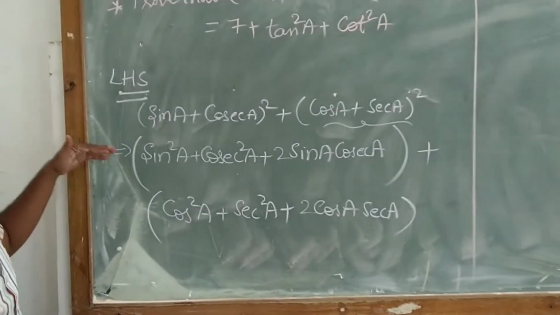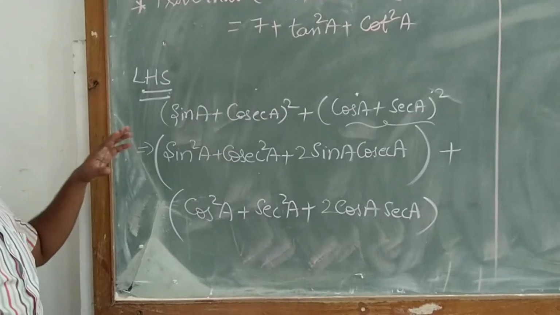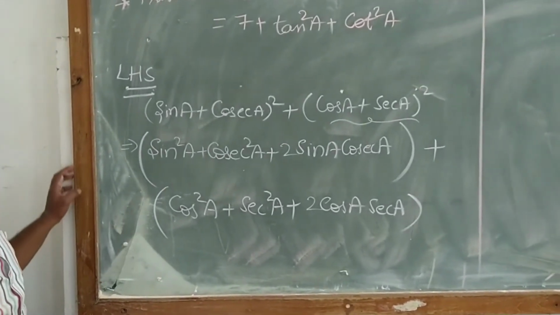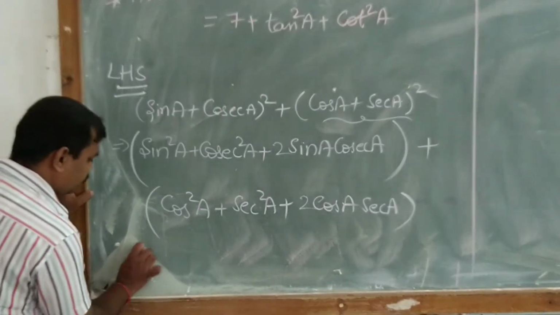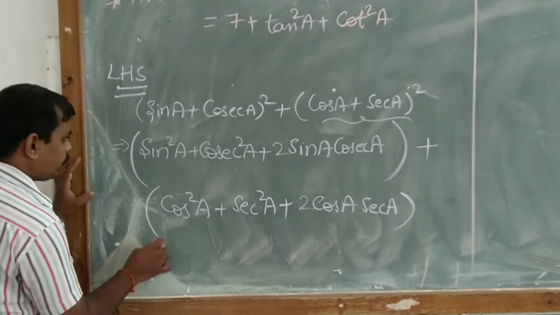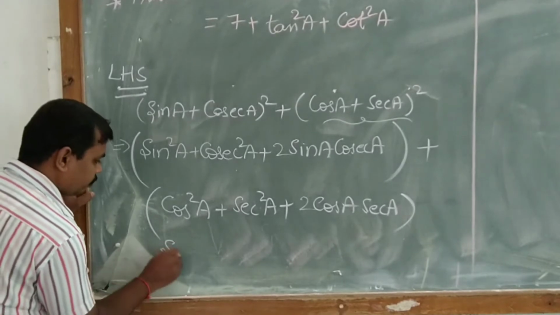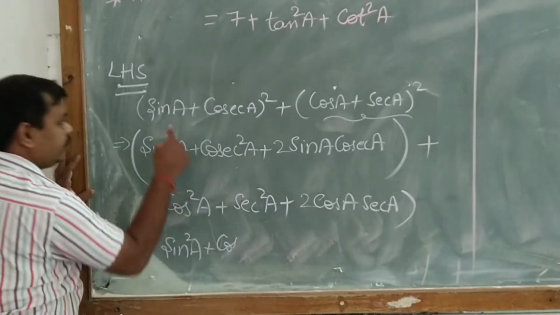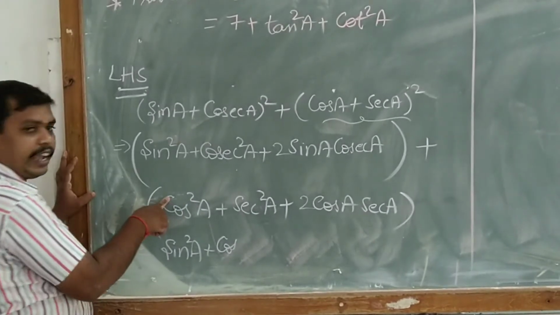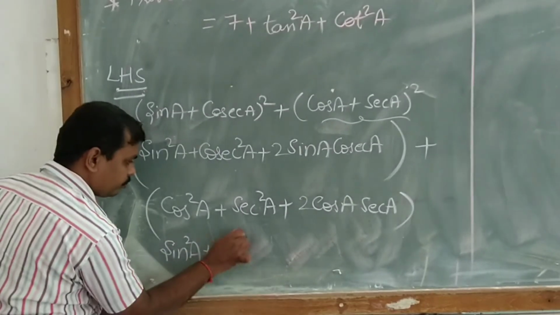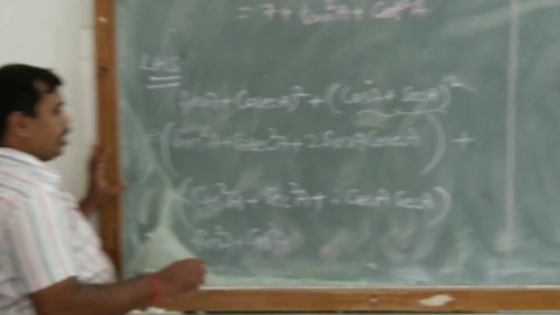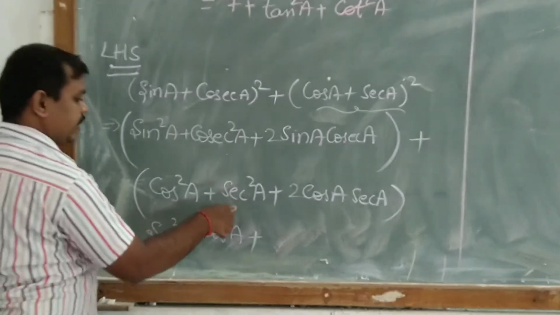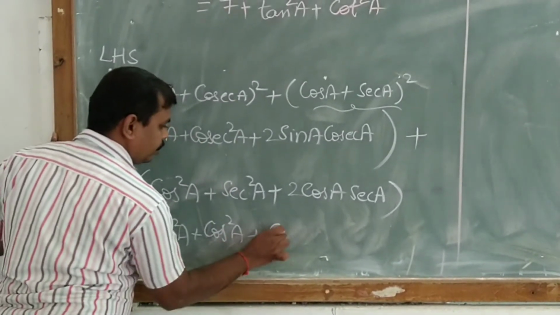We'll take out these brackets and we'll try to form pairs such that we are going to get some identities in the problem. When you open that, you are going to get sin square A plus cos square A. The sin square A and cos square A I am writing together. Cosecant square A plus secant square A I am writing together.